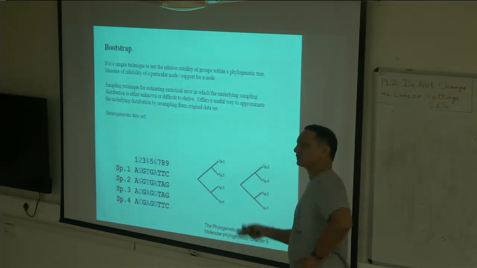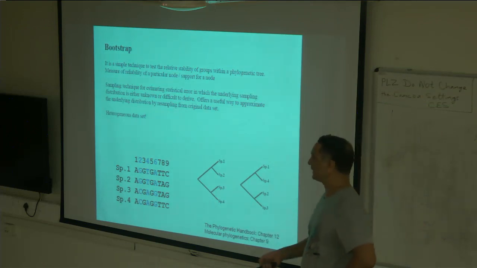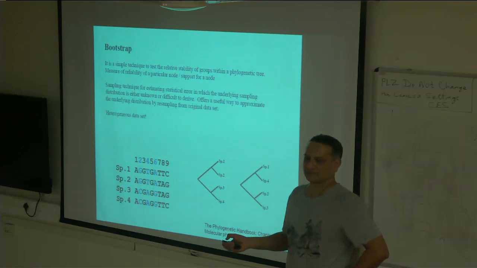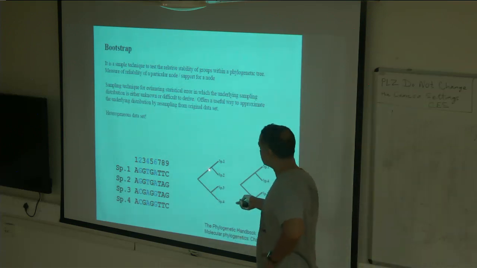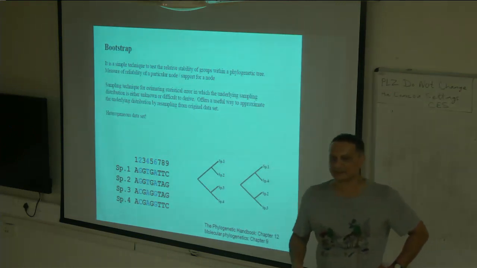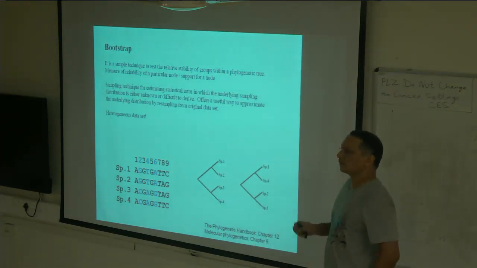Okay, 4 sites are invariant, so 5 sites have the information. Out of those 5 sites, 3 sites support this, 2 sites support this. So one way of looking at it is that there's 60% support for these branches. A crude way of looking at it. So that is what we mean by support.